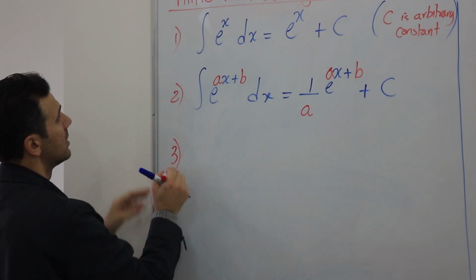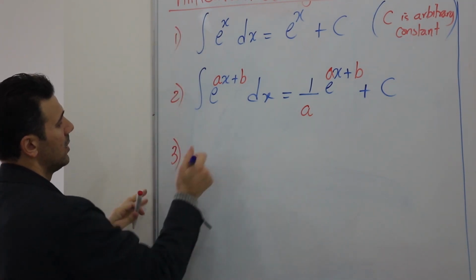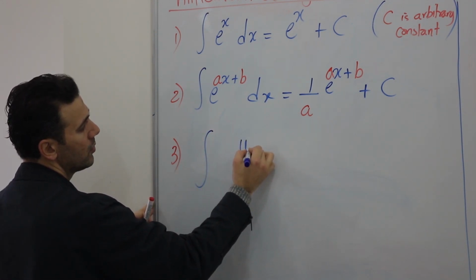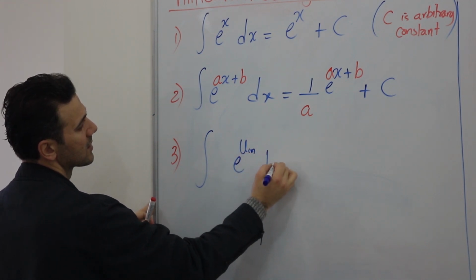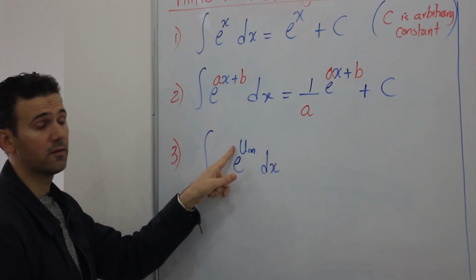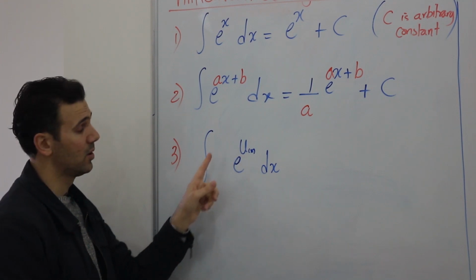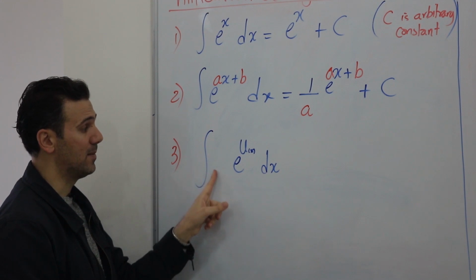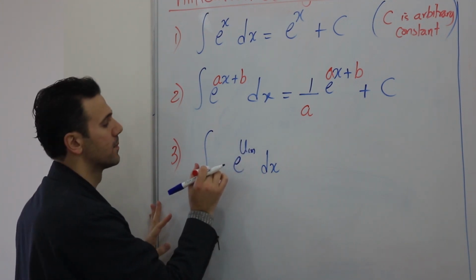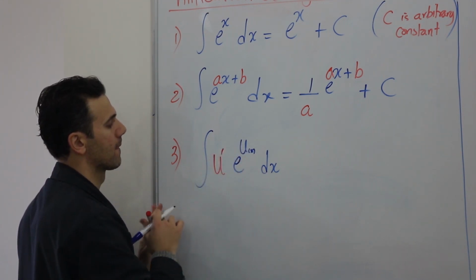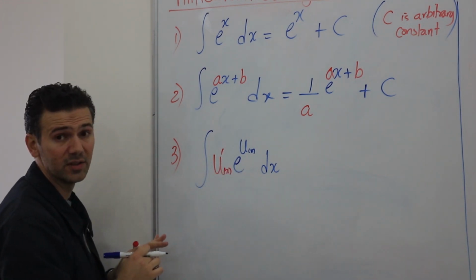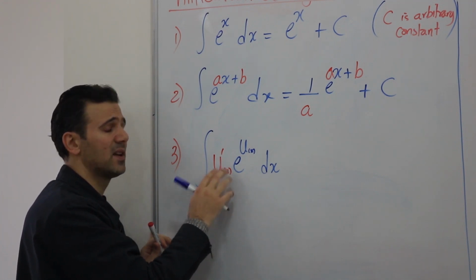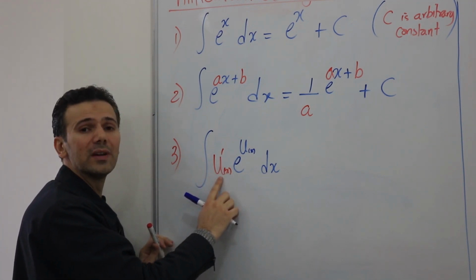The third case, a generalization of this, will be the integral of e^(u(x)) dx, where u is a function in terms of x. Here we should have a term which is, in fact, the derivative of this. Sometimes it's direct, and sometimes we must make some modifications to get u prime.